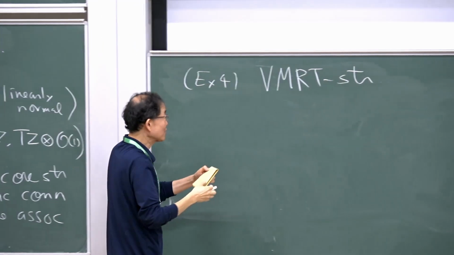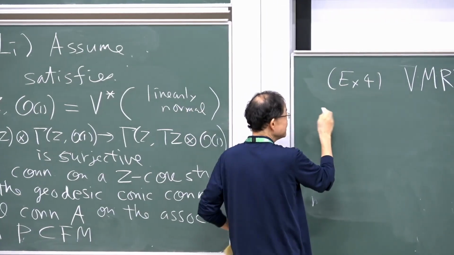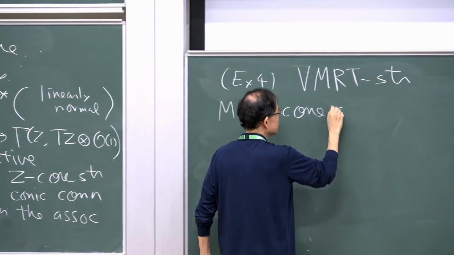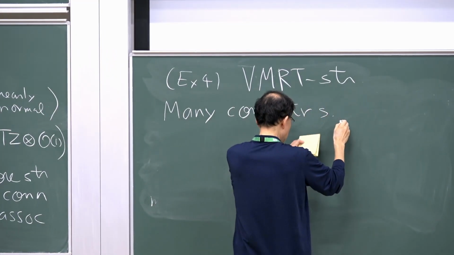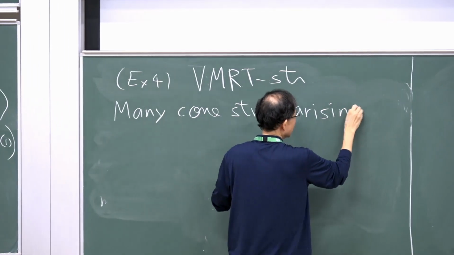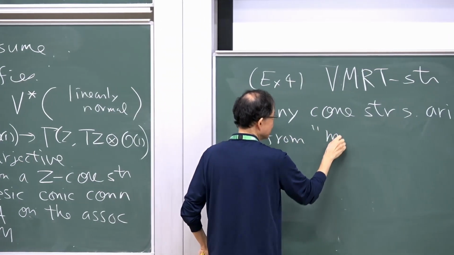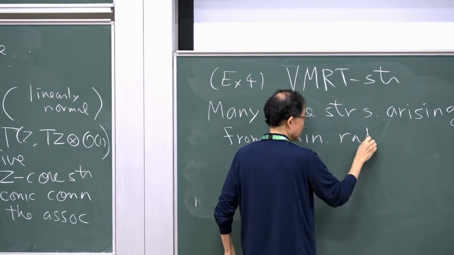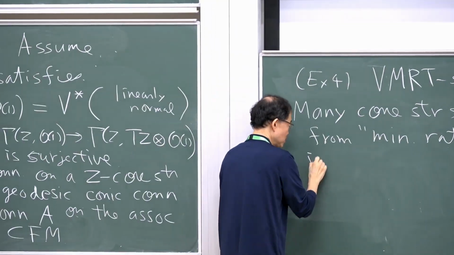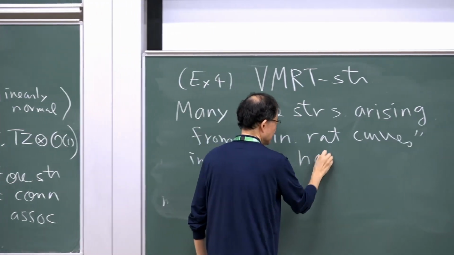I'm not going to define it here, but this means that many cone structures arising from what's called minimal rational curves in algebraic geometry have characteristic connections.